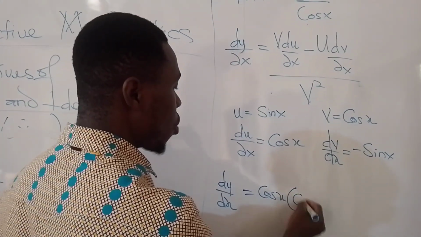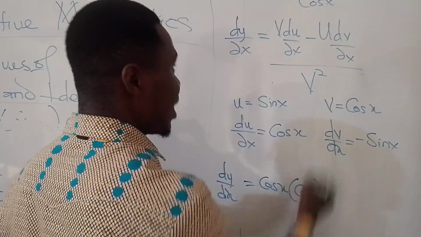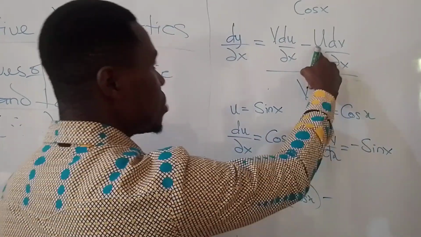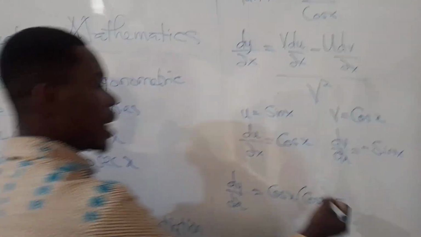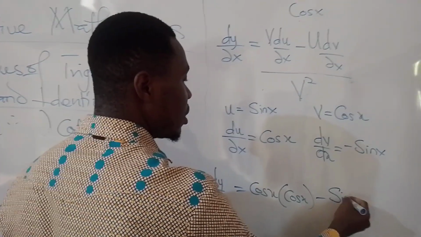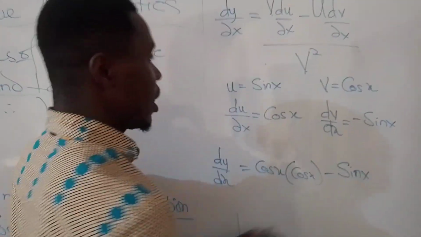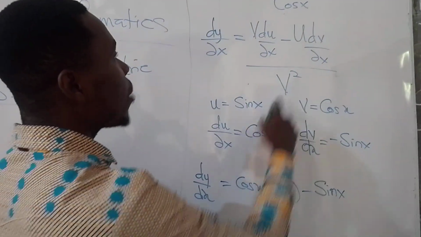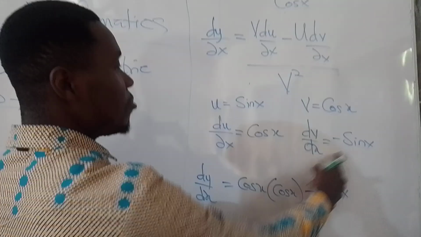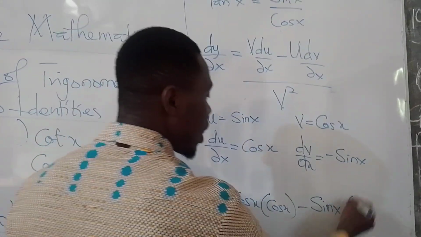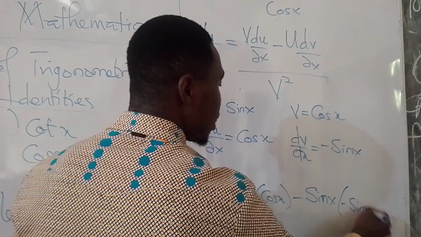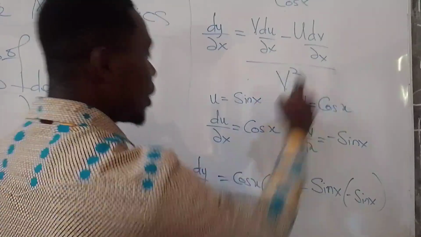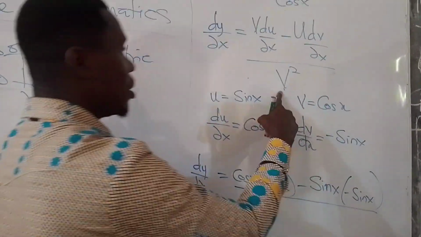Then minus u, which is sine x, multiplied by dv over dx, which is negative sine x, all divided by v squared.